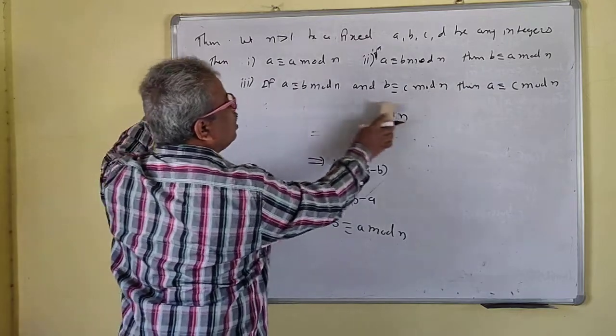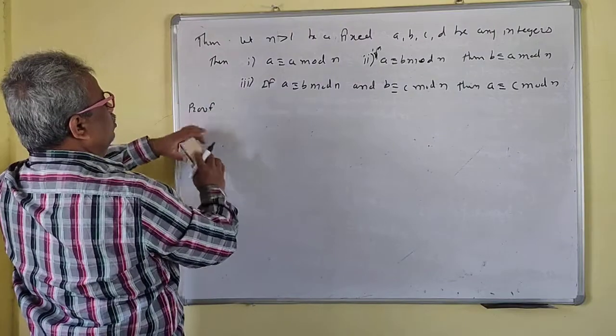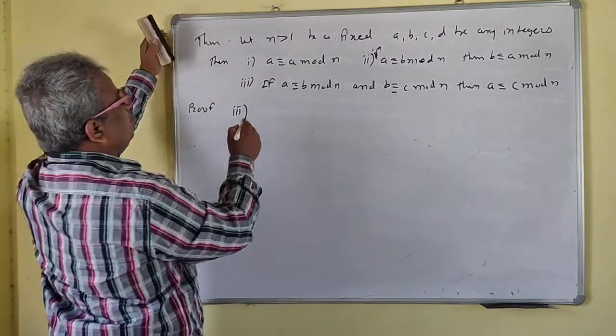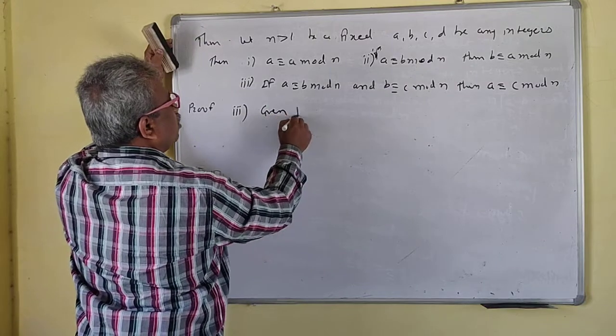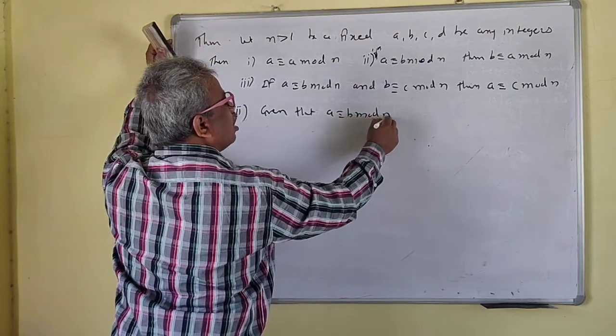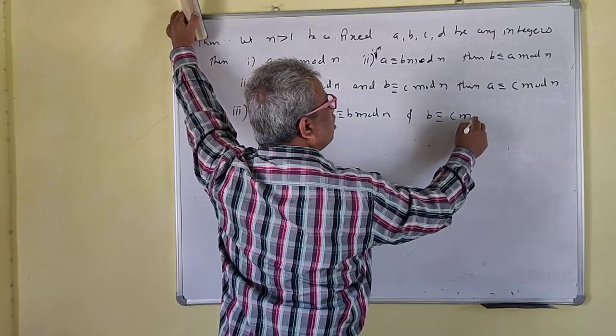Okay, so we'll go to the third one. Given that a is congruent to b mod n and b is congruent to c mod n.